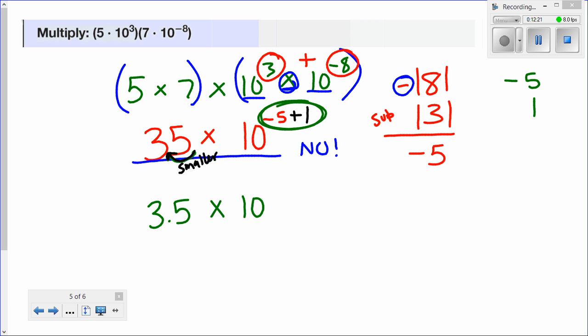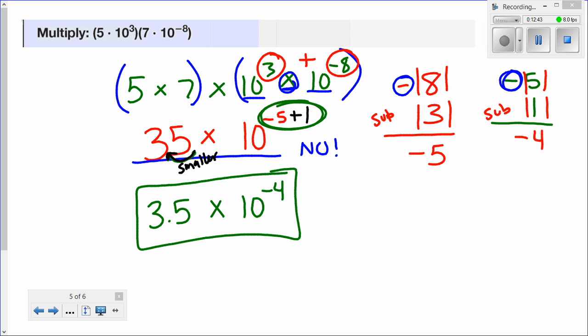Okay, and we're adding different sign numbers. So that means we are going to take the absolute values and we are going to subtract. 5 minus 1 is 4. And then we're going to take the sign of the larger number, which is a negative. So your new exponent, -4. So your solution for this scientific notation problem is 3.5 times 10 to the -4.